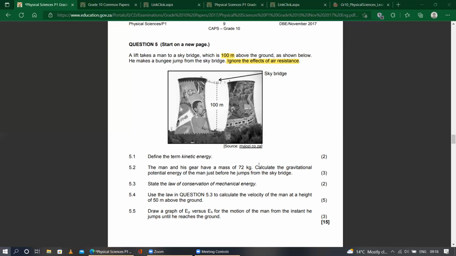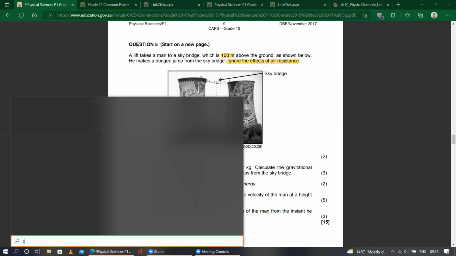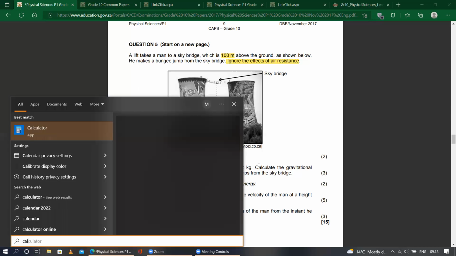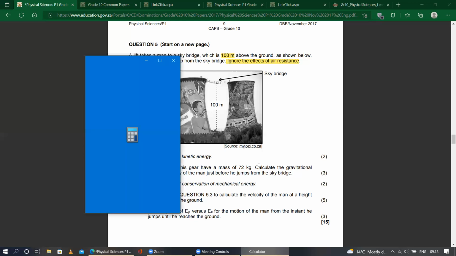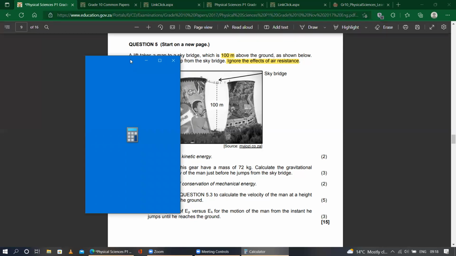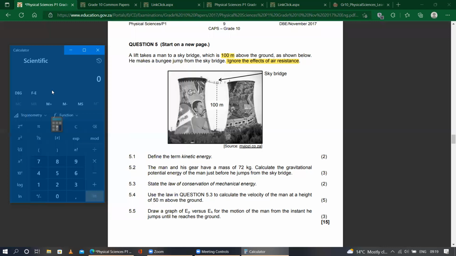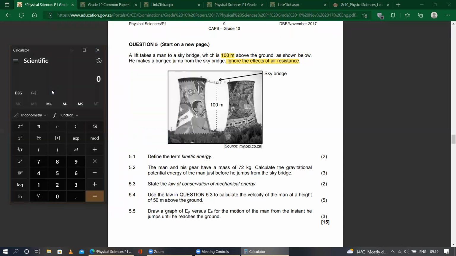EP equals... I don't have a calculator. Let me use my phone.